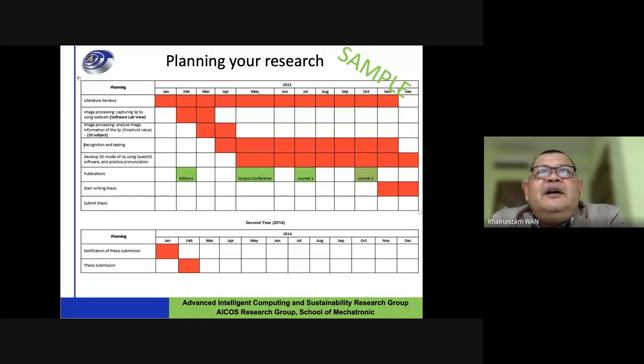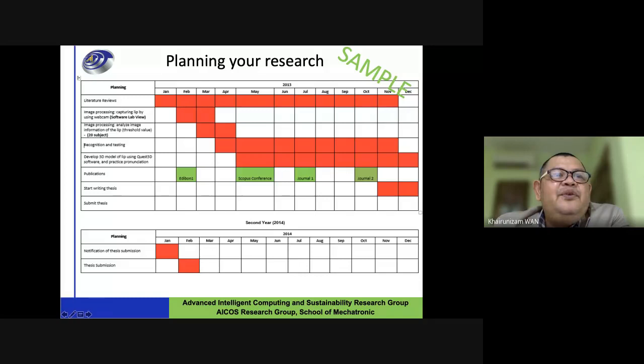For example, this is a research planning. This is an example only. You can do the research planning in many ways. For me, I want to share with you an example using a Gantt chart. If you look at the first column here is planning. Under planning, these are the research activities.